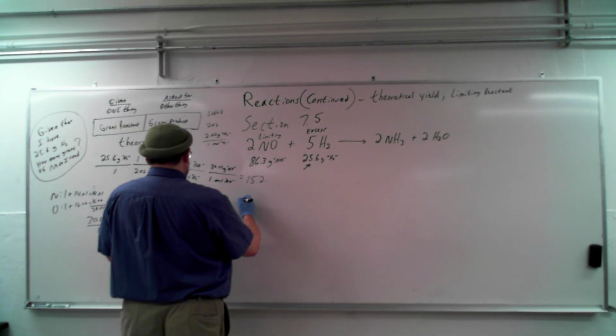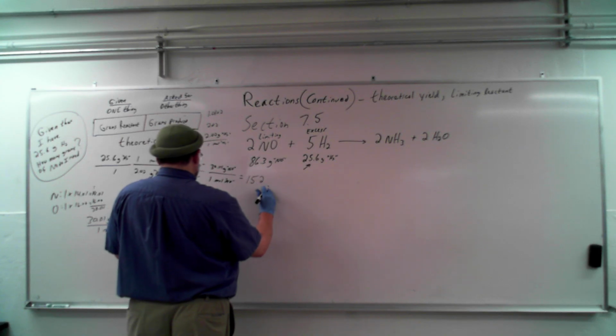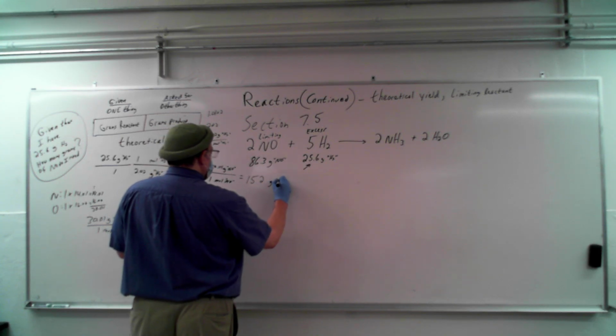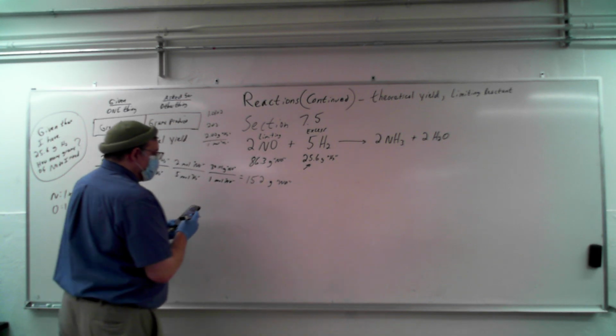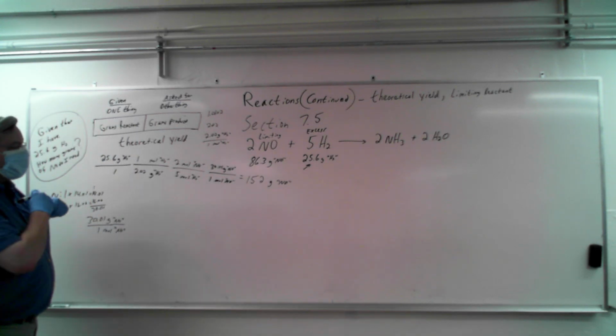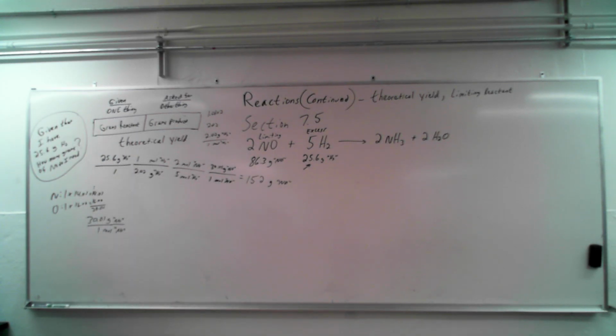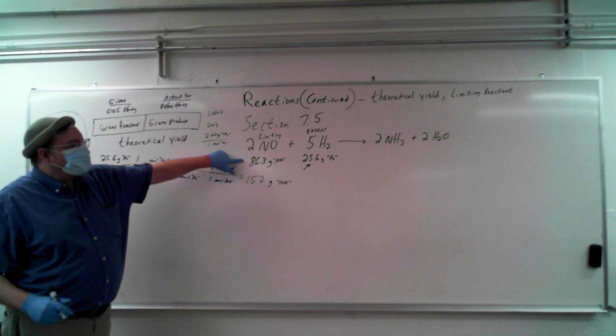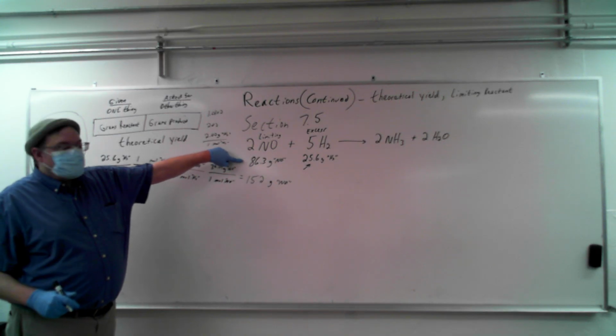It's 3 significant figures, so I guess that's all I need: 152 grams of NO. We need 152 grams of NO. We have 86.3 grams of NO. We don't have enough.